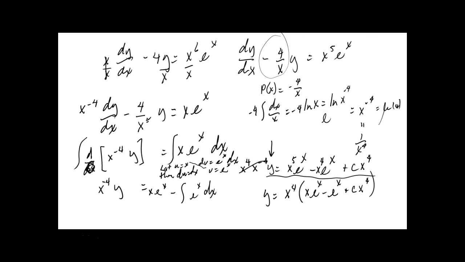But if x was 0, then you don't have much of an equation, do you? Because this would be minus 4y is equal to 0. So y is equal to 0 would be a solution which wouldn't necessarily fit here, because I don't think you ever get a y is equal to 0 solution here.